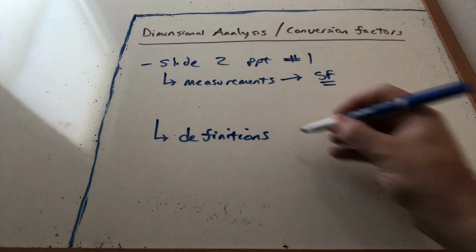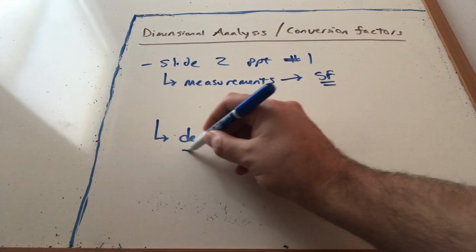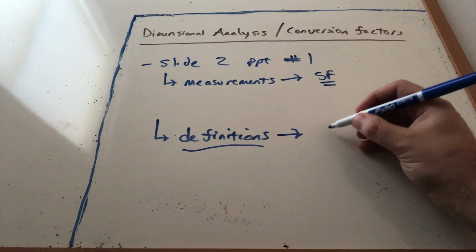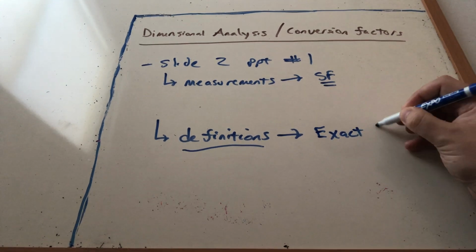Now, if something is defined, even though it looks like a conversion factor, did I need to use a measurement to think about where it came from? No. Did I need to use an instrument to quantify it? No. So if something is just defined, definitions are what we call exact numbers.